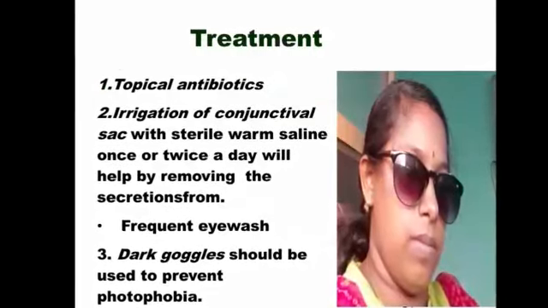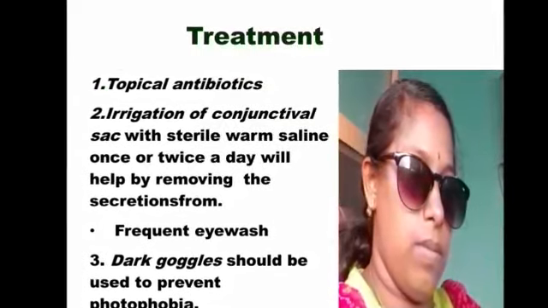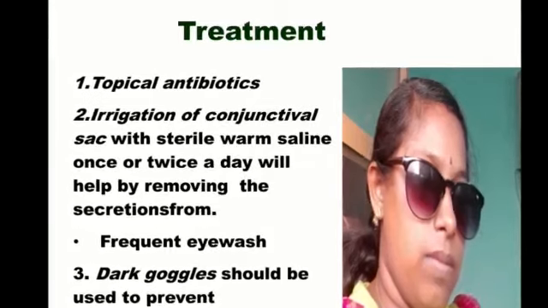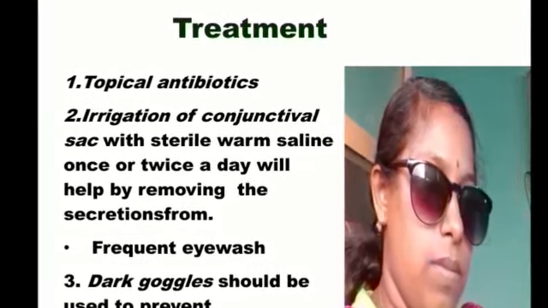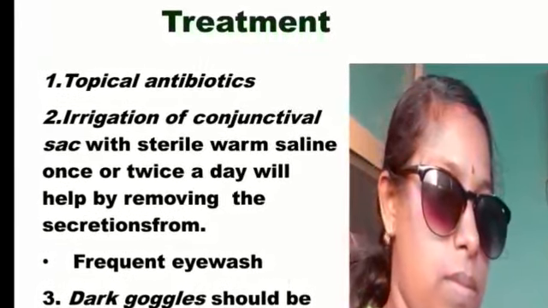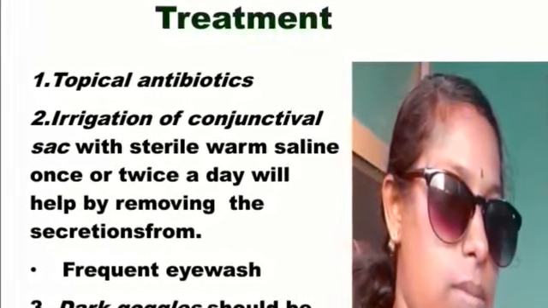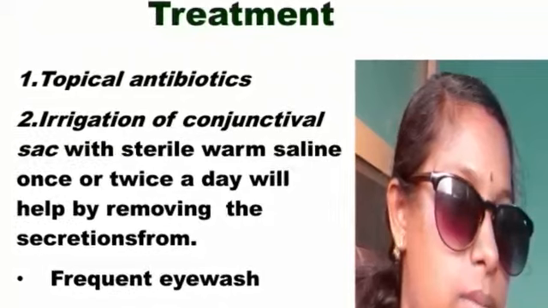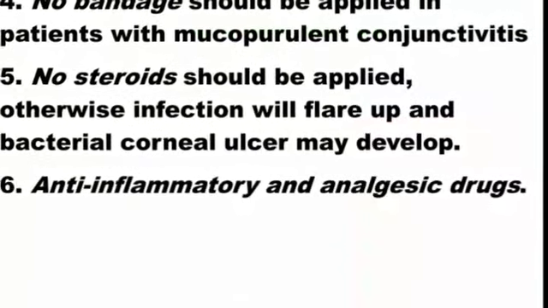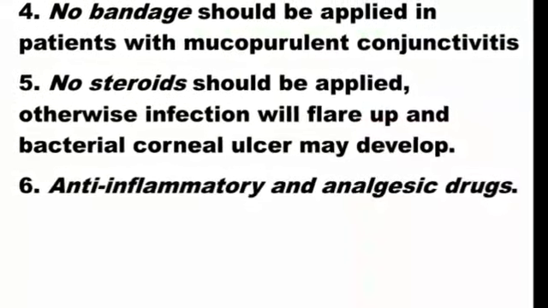Treatment of acute bacterial conjunctivitis includes topical antibiotics. Irrigation of conjunctival sac with sterile warm saline once or twice a day will help by removing the secretions. Frequent eye wash. Dark goggles should be used to prevent photophobia. No bandage should be applied on patients with mucopurulent conjunctivitis.